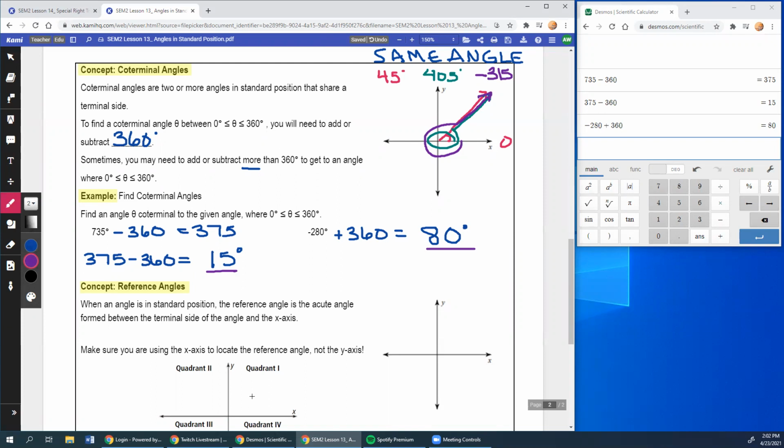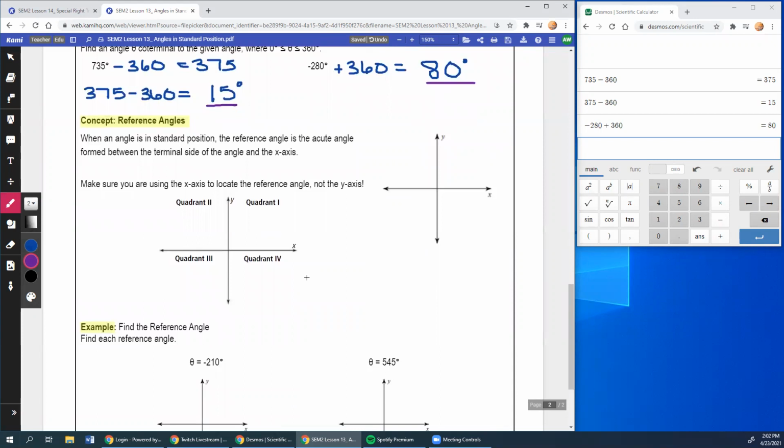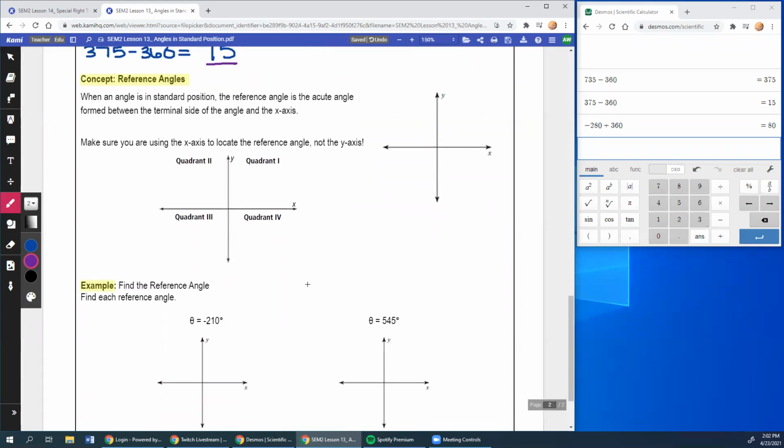And then finally, our last concept for angles of rotation, and this one's actually a pretty big one, is reference angles. So what this means is when an angle is in standard position, so let's just draw one right now. So let's put it right here. So here is my terminal side, here's my angle.